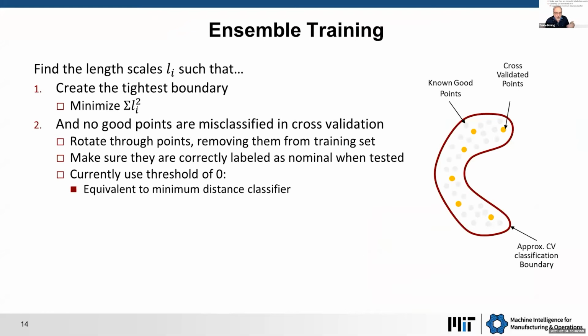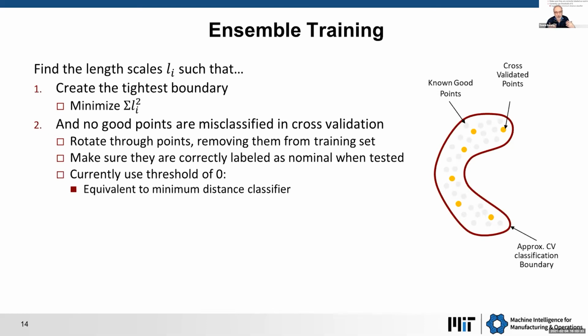Another thing that we do here is ensemble training. So what we do is we take the batch, the known good data together, and now we're learning those length scales, those L sub i's associated with each of the sensors, with the minimum length scale, to draw the tightest boundary around those to match the data, but with cross-validation approaches being used to learn what those length scales are.